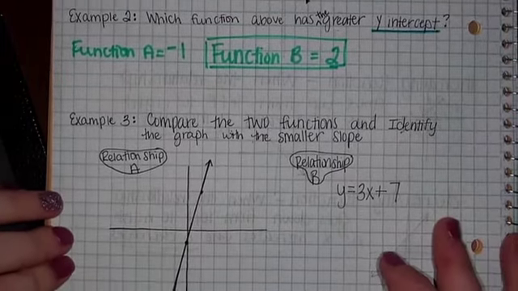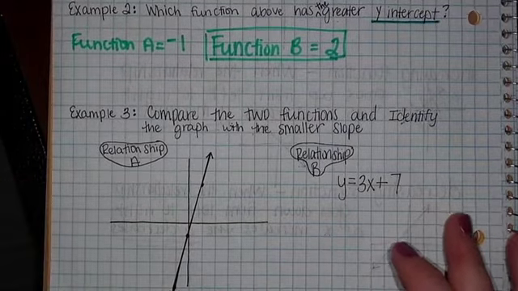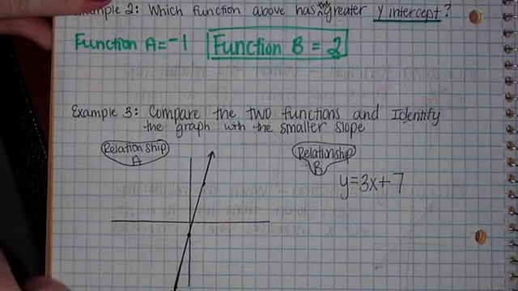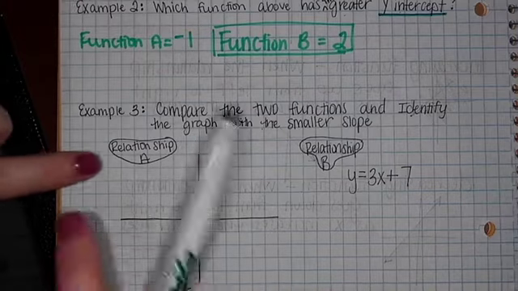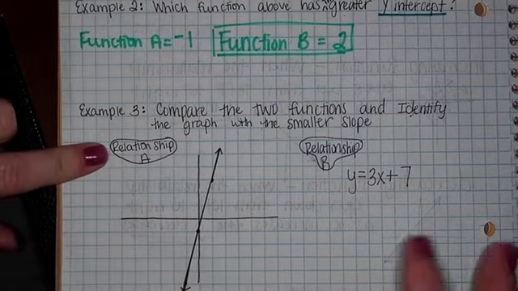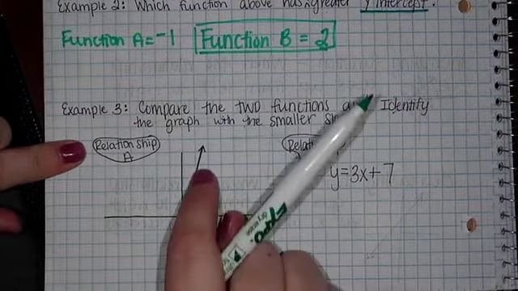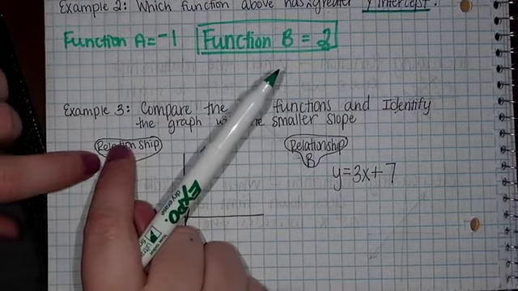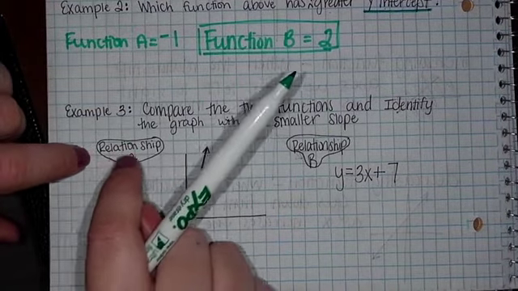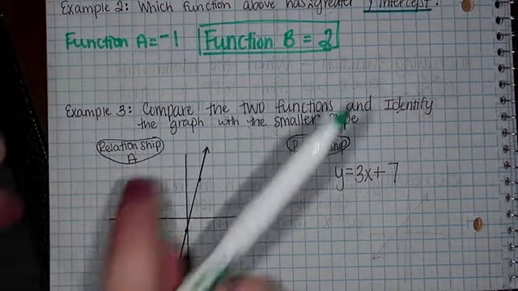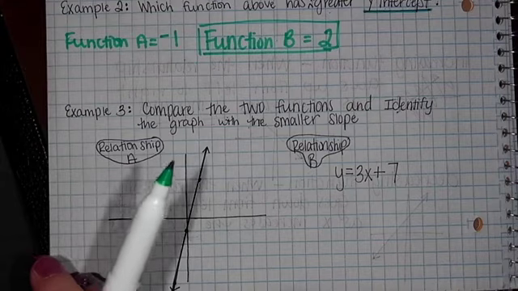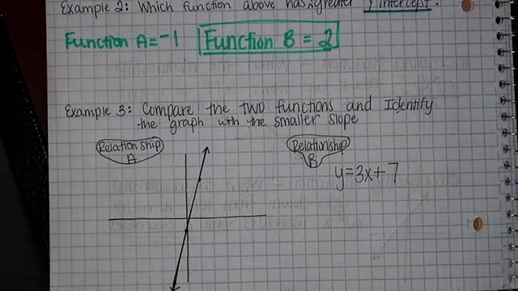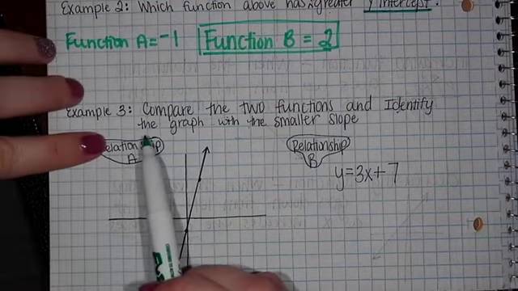Okay, so example 3. This one's a little bit more challenging, because right off the bat you should notice that relationship A, and I like to use different words here so that you don't get used to me only using one, and then when you get to a district test or whatever, you freak out because it doesn't say the same thing.